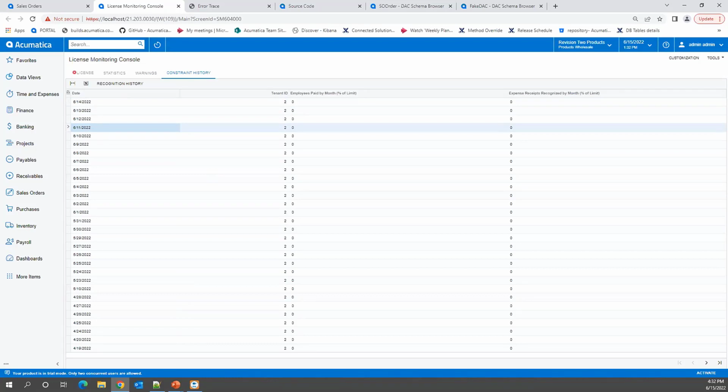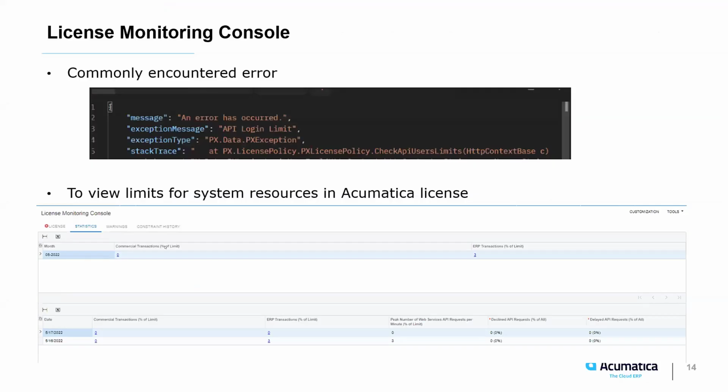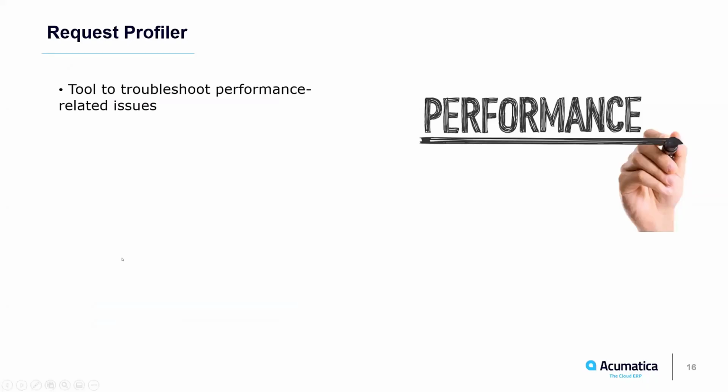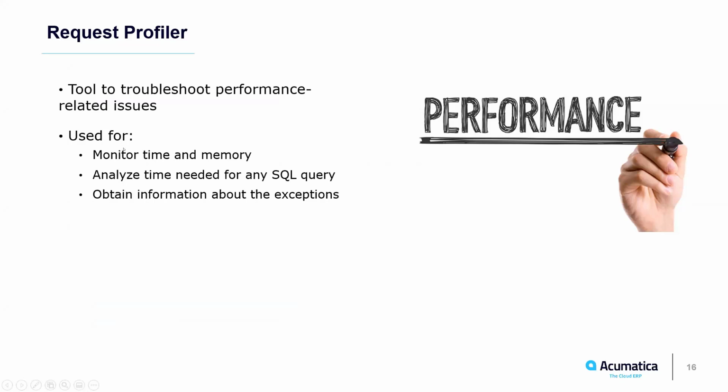All right, so let's now talk about the next very powerful tool for troubleshooting, which is Request Profiler. Request Profiler is an embedded tool which is used to troubleshoot performance-related issues in Acumatica or Acumatica framework-based applications. We can use Request Profiler for various purposes.